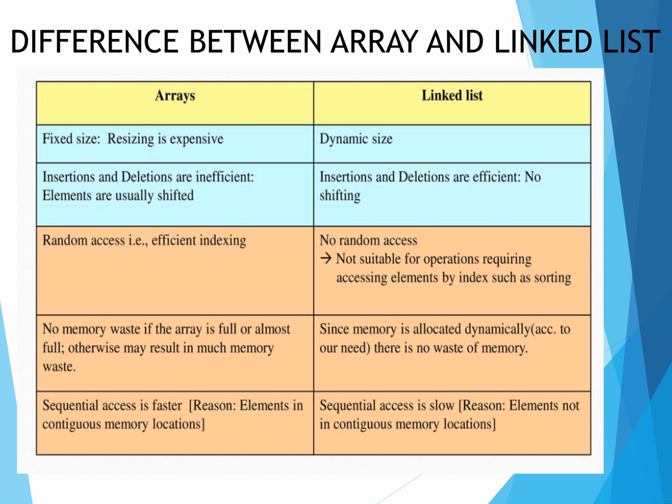Sequential access is slow because the nodes are linked with each other, but they do not use continuous memory allocation for their storage. So sequential access is slow in a linked list because the elements are not in continuous memory locations. So this is about the difference between array and linked list.